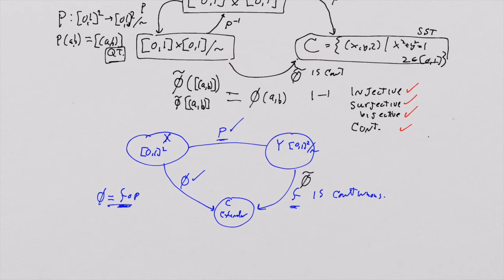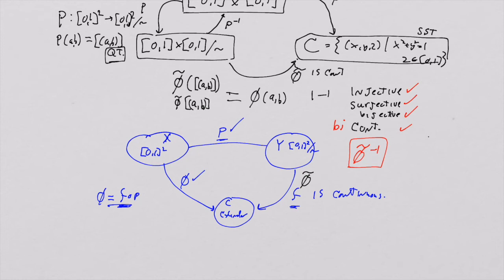Well, what we've got is bijectivity and continuity of a function from the quotient space to the cylinder, but what's missing? This isn't quite a homeomorphism, because in order for it to be a homeomorphism, it has to be bicontinuous. So phi tilde inverse has to be continuous, right?